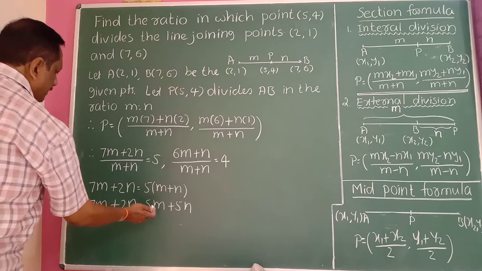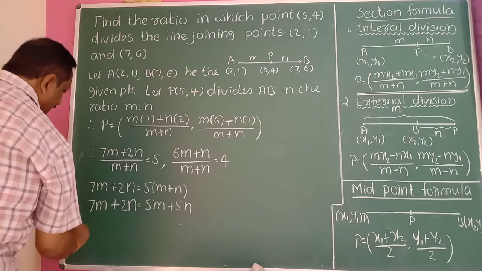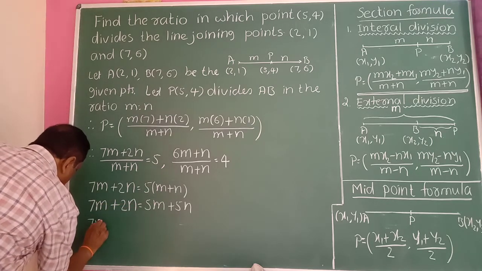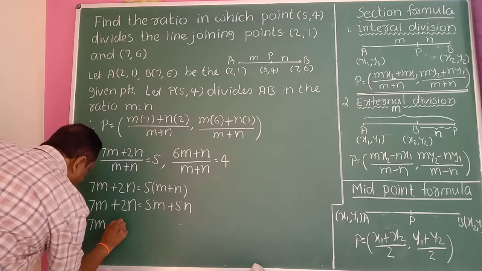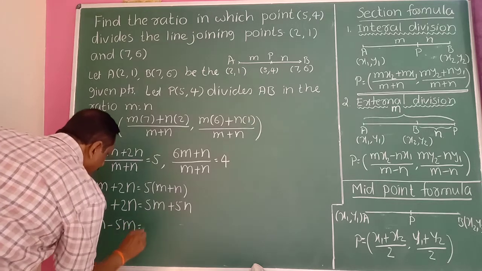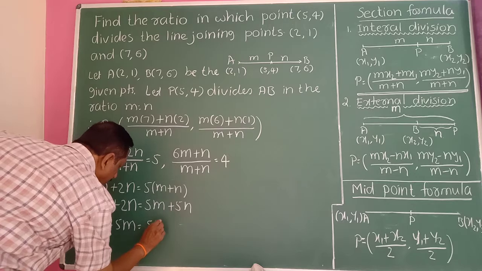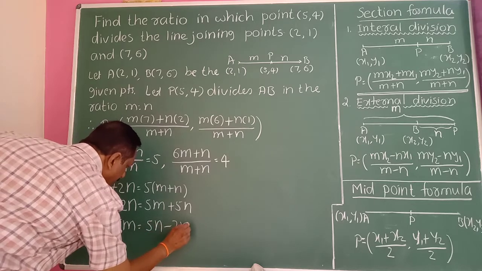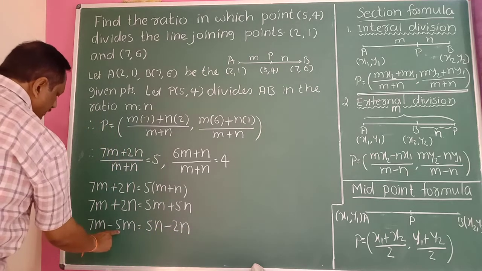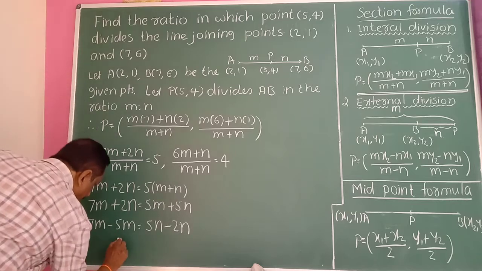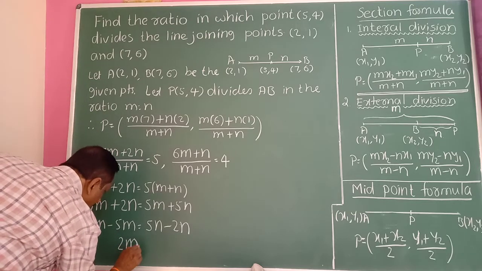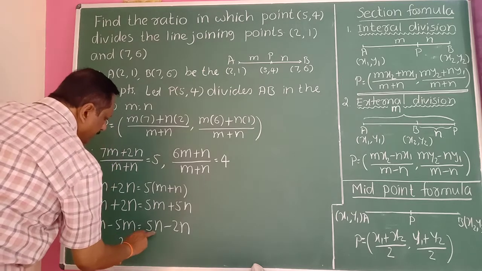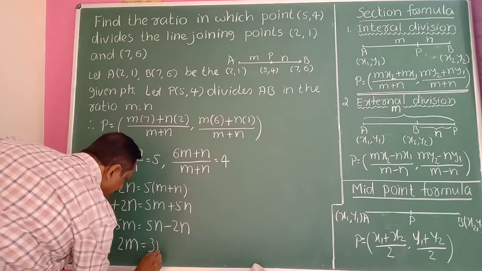Take m this side, n term that side. So 7m minus 5m is equal to 5n minus 2n here. 7m minus 5m becomes 2m, and 5n minus 2n becomes 3n.